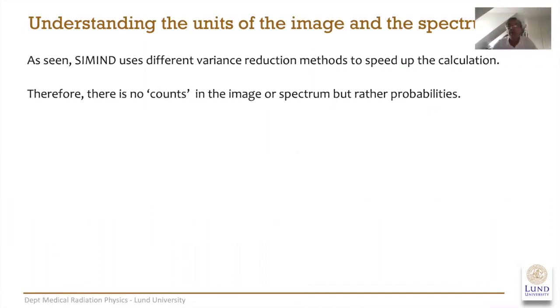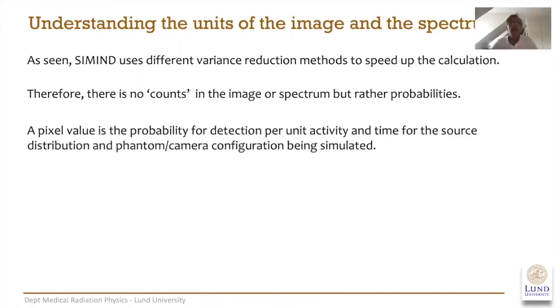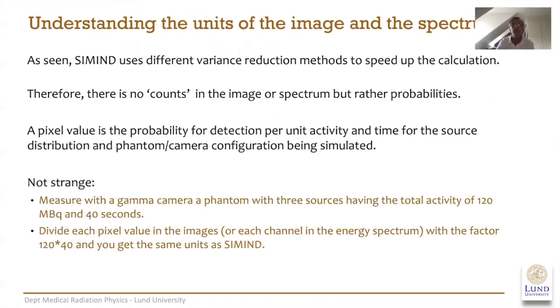The values in the image and in the spectrum can be regarded as probabilities. The pixel value is the probability for detection per unit activity and time, given the source distribution and the phantom camera configuration being simulated.